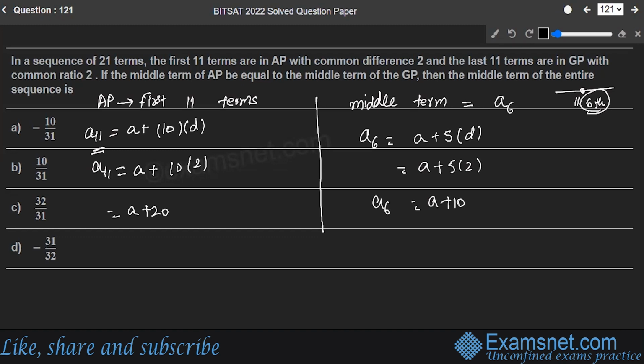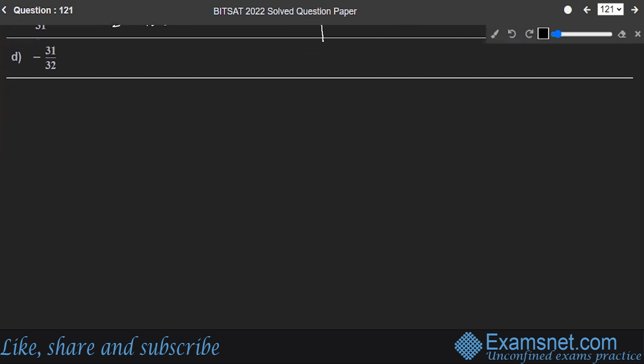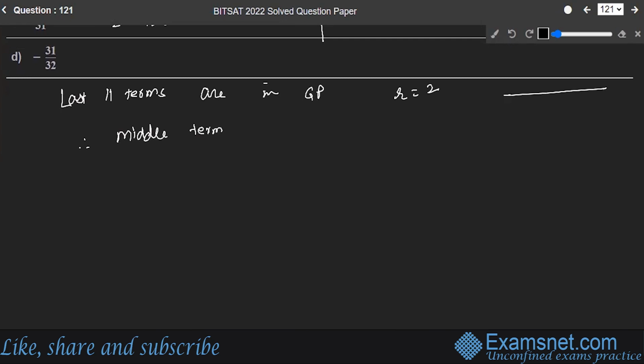Now let's get to the GP. The last 11 terms are in GP with the common ratio 2. Therefore, if I'm talking about only the last 11 terms, this is the first term of the GP, and this is the 11th term of the GP.